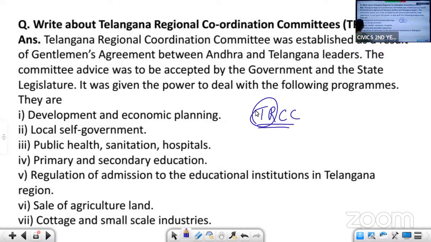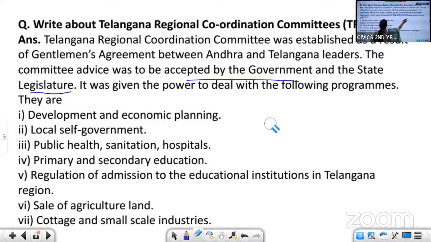And the committee's advice was to be accepted by the government and the state legislature. They also said that we are establishing this committee, and whatever advice the committee gives, the government and the state legislature should accept it. With this intention, the Telangana Regional Coordination Committee was established as one of the provisions of the Gentleman's Agreement.